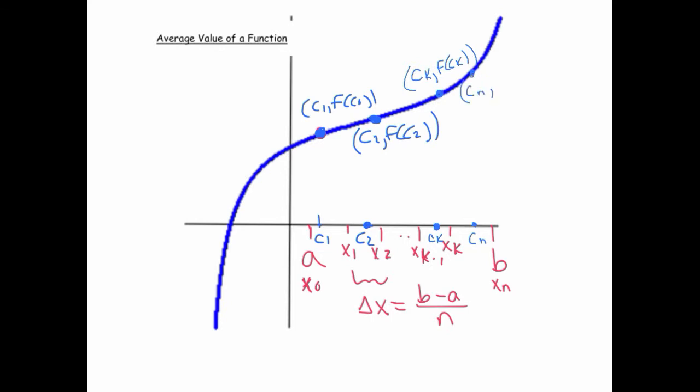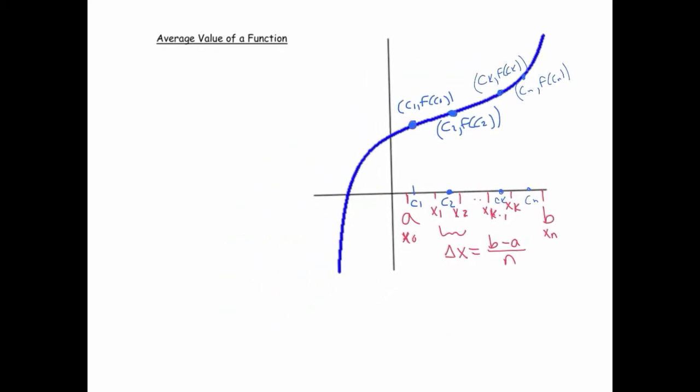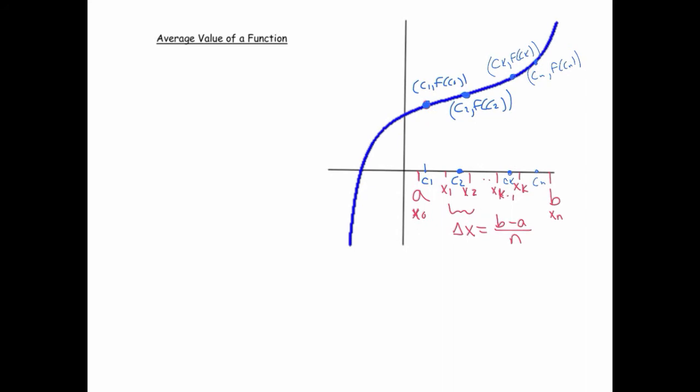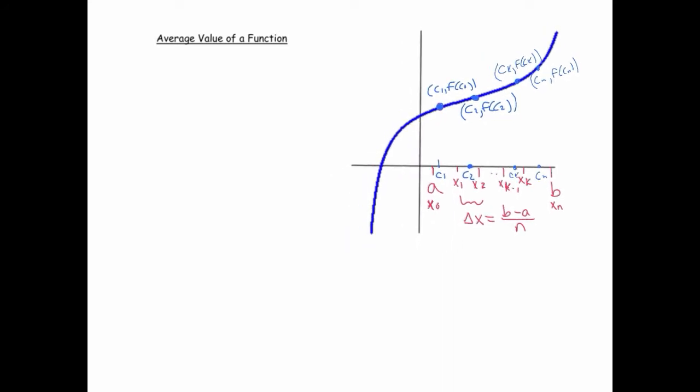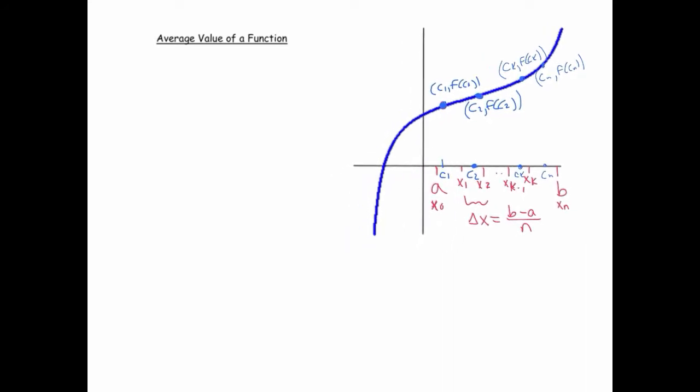Now what's important is that I'm just choosing these arbitrarily. I'm just letting one x value represent that subinterval, and then its y value is what we're going to use. So the point is, now I've got a finite number of y values, right? I've got f of C1, f of C2, f of C3, etc., all the way up to f of C sub n. So we know how to find the average of those. Let's just do it.